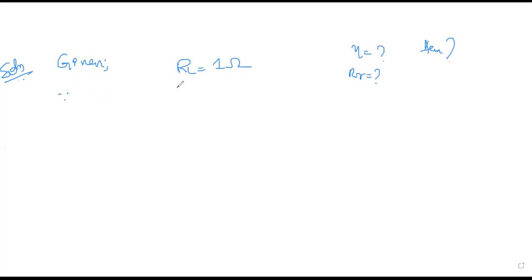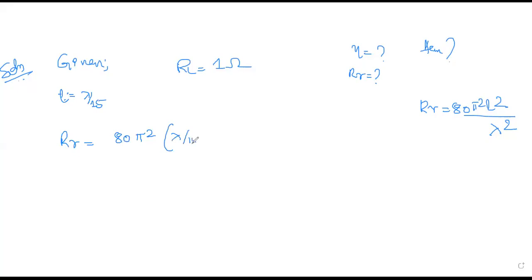So here you have to remember the radiation resistance formula of short dipole, which we have done in the derivation of short dipole. The formula is Rr is equal to 80 pi square L square by lambda square. This is the formula for radiation resistance of short dipole. Now the length is given as lambda by 15 long. So substitute it here. Rr is equal to 80 pi square, L square will be lambda by 15 whole square, divided by lambda square. Calculate this.